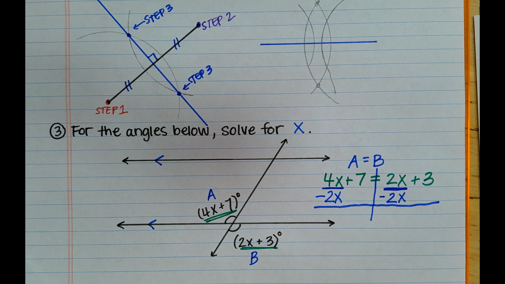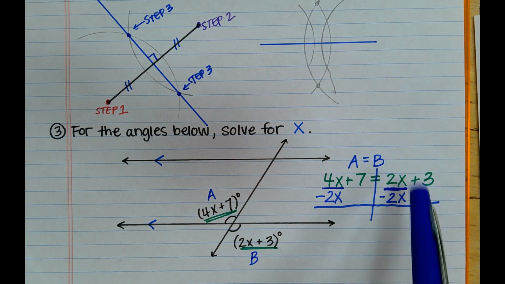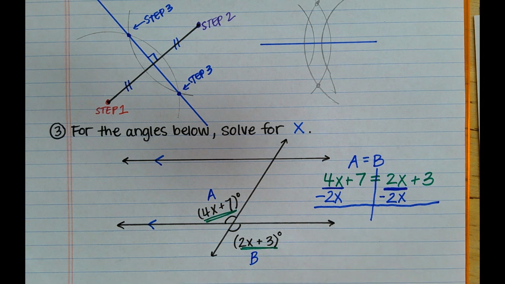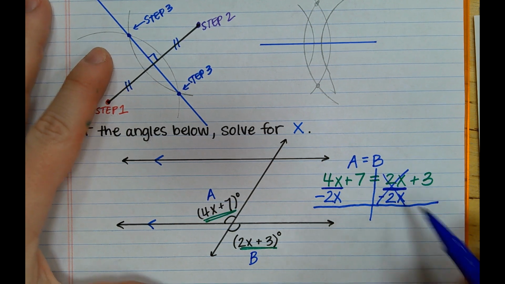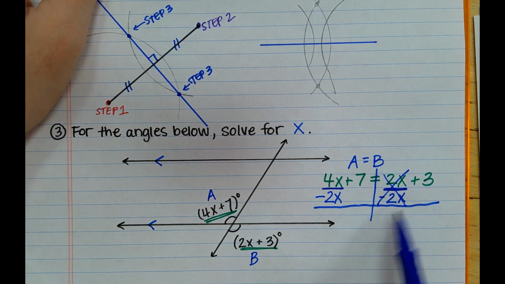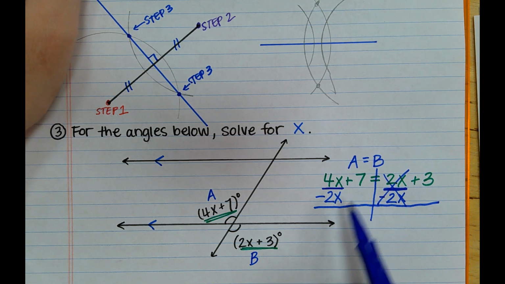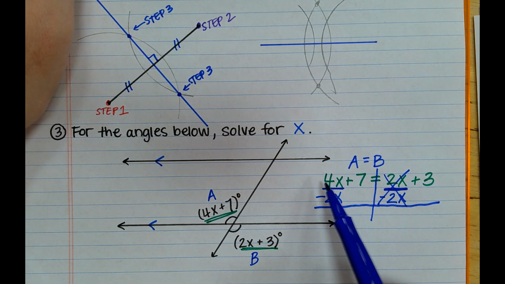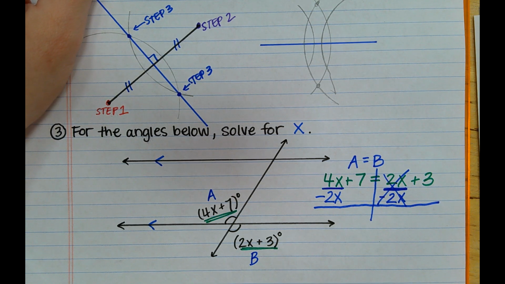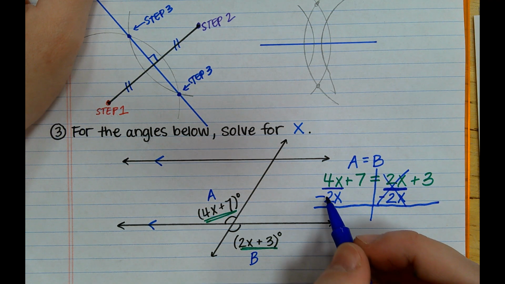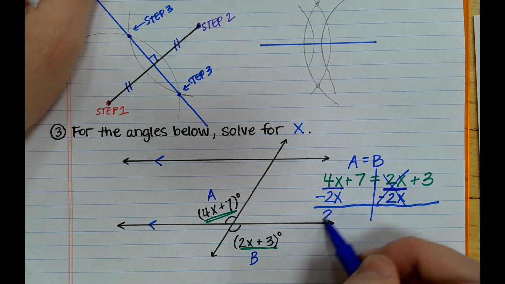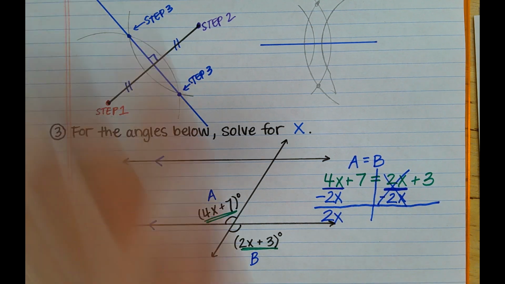Okay, so what happens when I do 2x minus 2x on this side? Cancels out. Yeah, they cancel out. So I'm going to cross those off. And what happens on the other side of my equation when I do 4x minus 2x? It turns into 2x. Yeah, if I have 4 x's and I take 2 of those x's away, I've got 2 x's left.